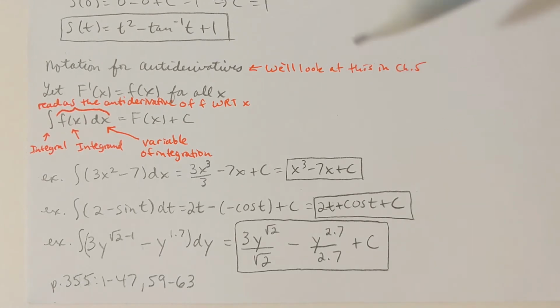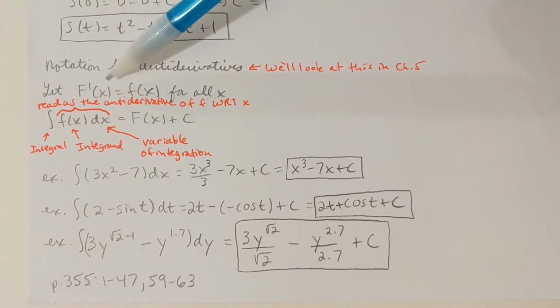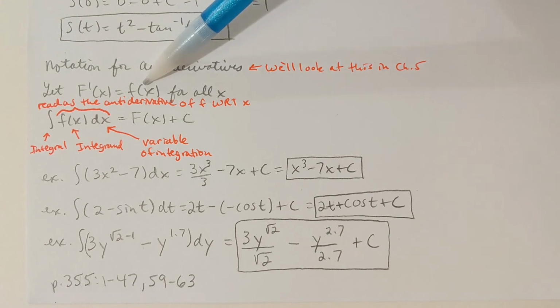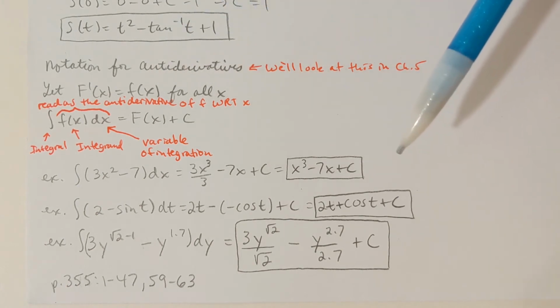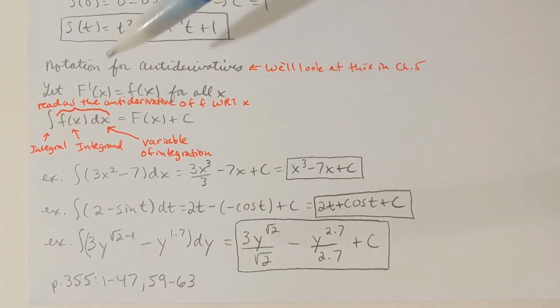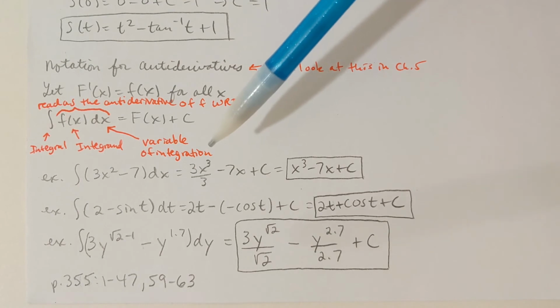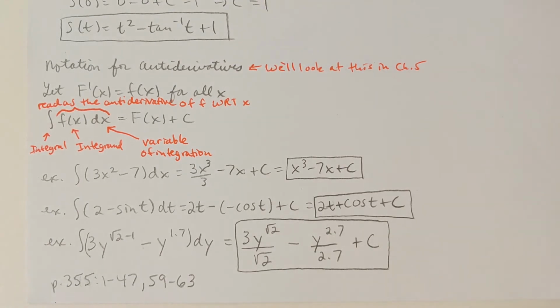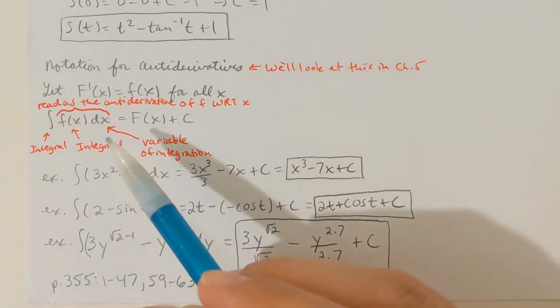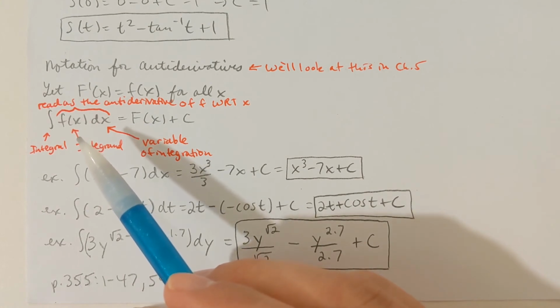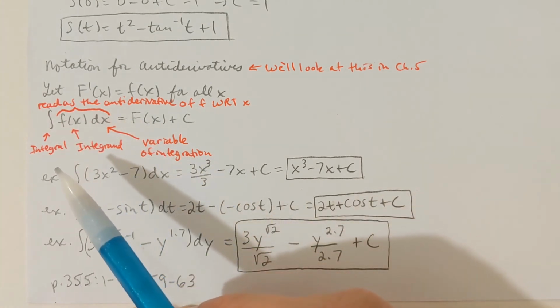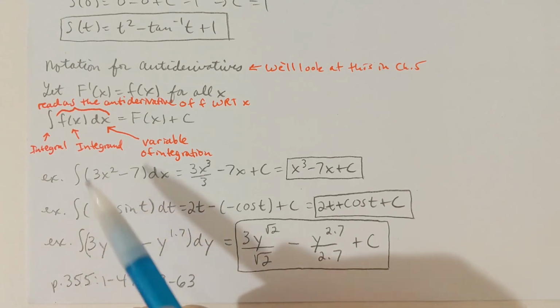Okay, let's let capital F prime of x be equal to little f of x for all x. Okay, so capital F of x is an antiderivative of little f of x. Now, the notation that we're talking about here for antiderivatives is called integral notation.